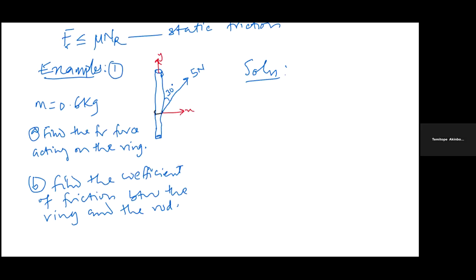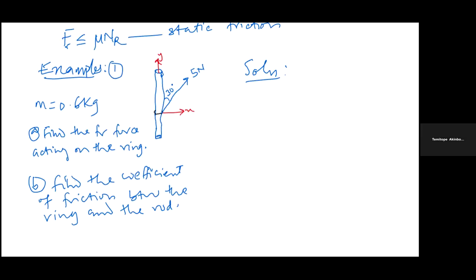So, in friction that you have been explained to before, the normal reaction and the frictional force, what are they to one another? They are perpendicular to one another. Very good.